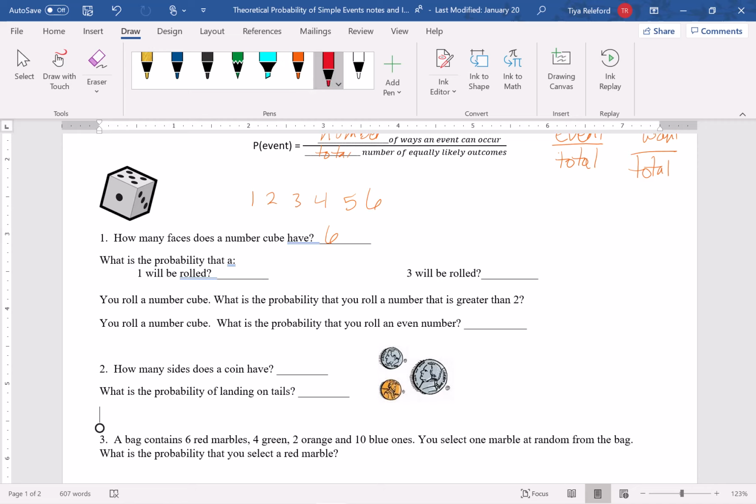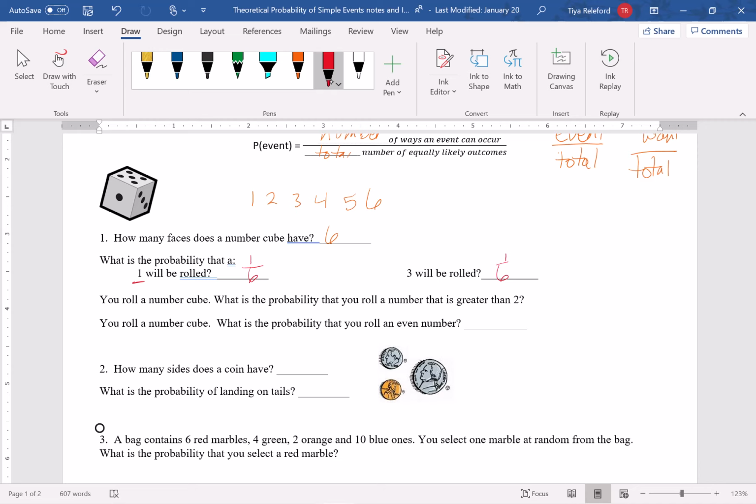Out of these faces, how many are a 1? Right? There's 1 one. So that is 1 out of 6. Now, the next one says, what's the probability that a 3 will be rolled? Well, how many 3s are there? Also 1 out of 6.